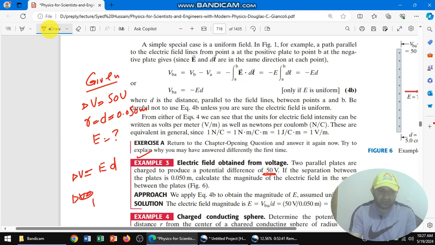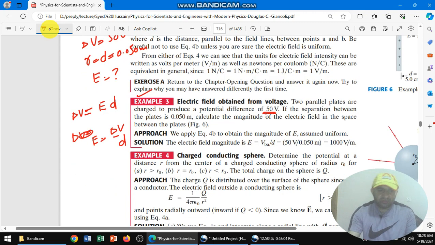So E is equal to ΔV over D. We have the change in potential, that is 50 volts, and D, the separation between the plates, is 0.050 meter. So we just divide ΔV by D, and we get a value of 1000 volts per meter.